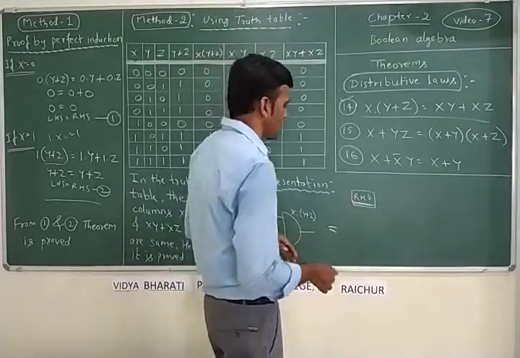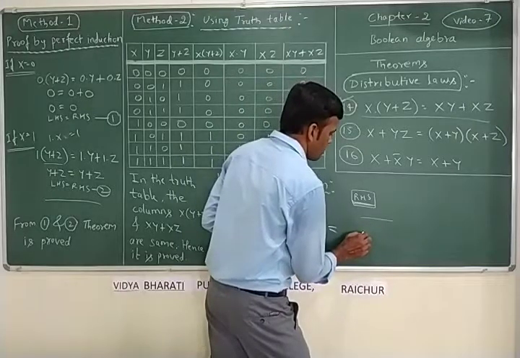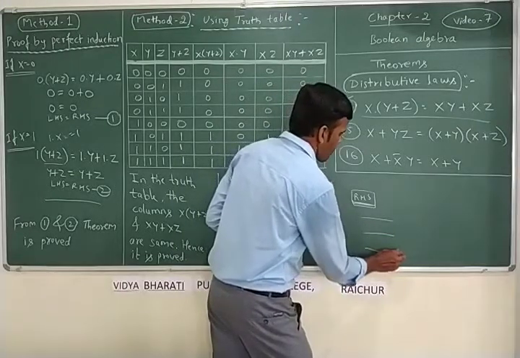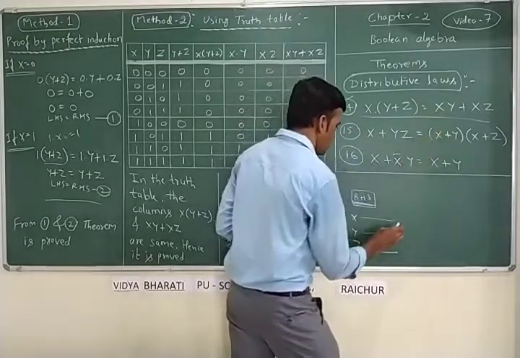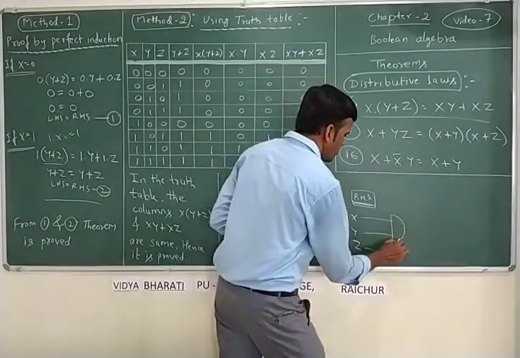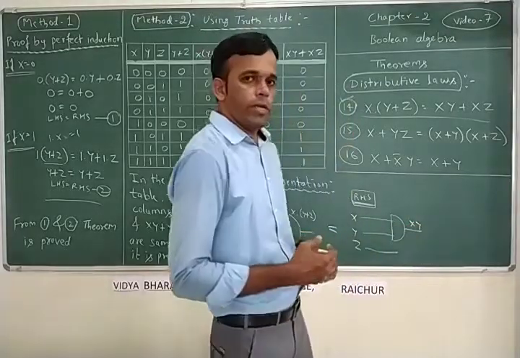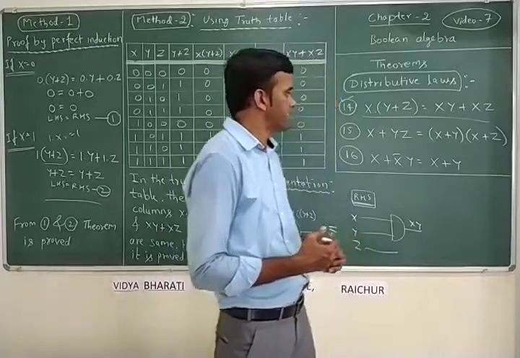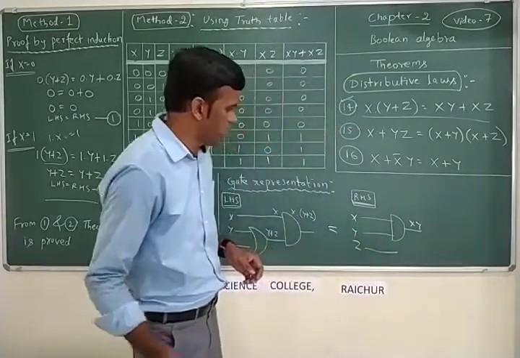So for the RHS, again as usual, we have three variables here: x, y, z. Okay, x into y with an AND gate. So this output is x into y. Then we need x into z. So what you can do is make some adjustments here.